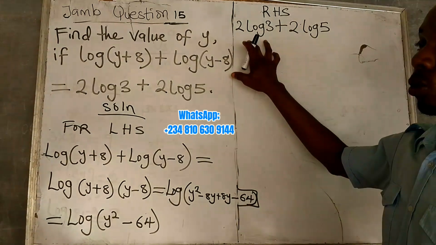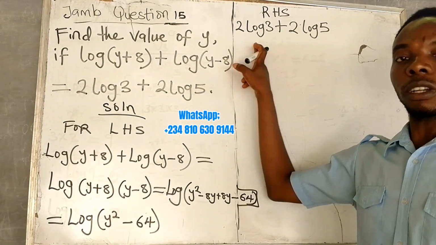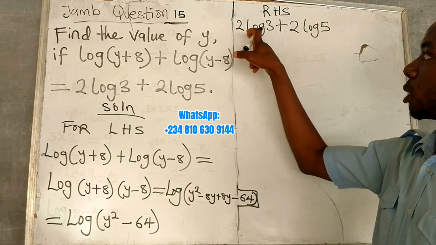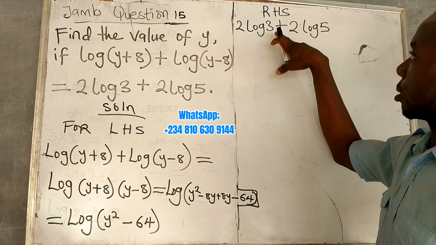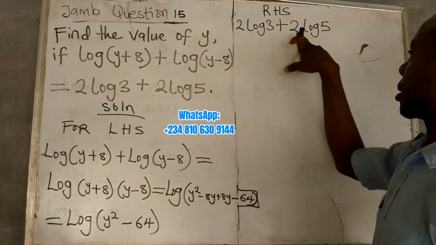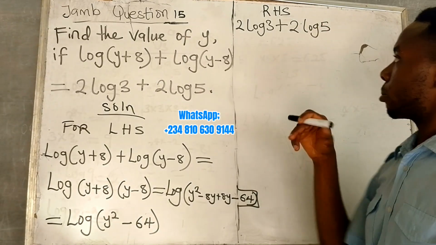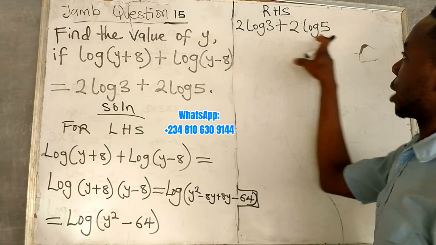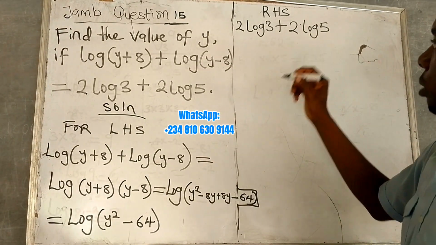According to the rules of logarithm, if you have a number multiplying a log, that number becomes a power. This 3 will be raised to the power 2, while this 5 will be raised to the power 2. Now, how do we do it?